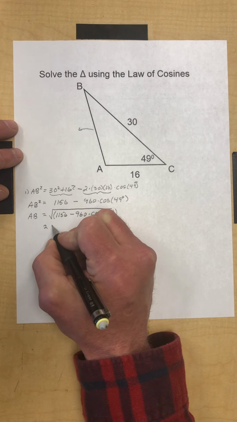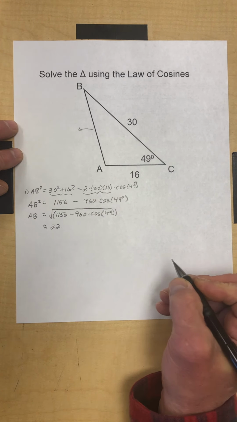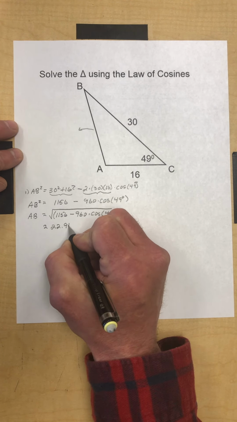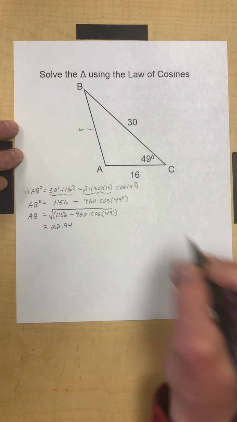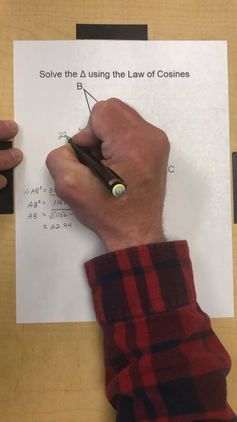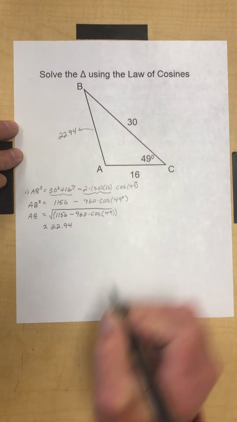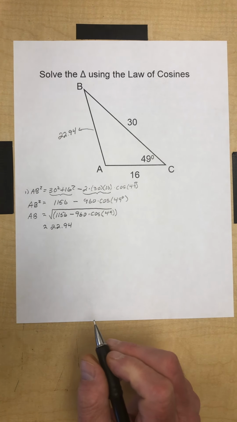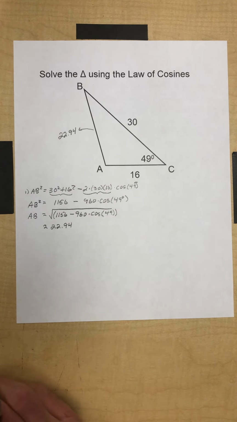And you get 22.94 when you round things off to the nearest hundredth. So this side is 22.94 units. So we have our missing side.